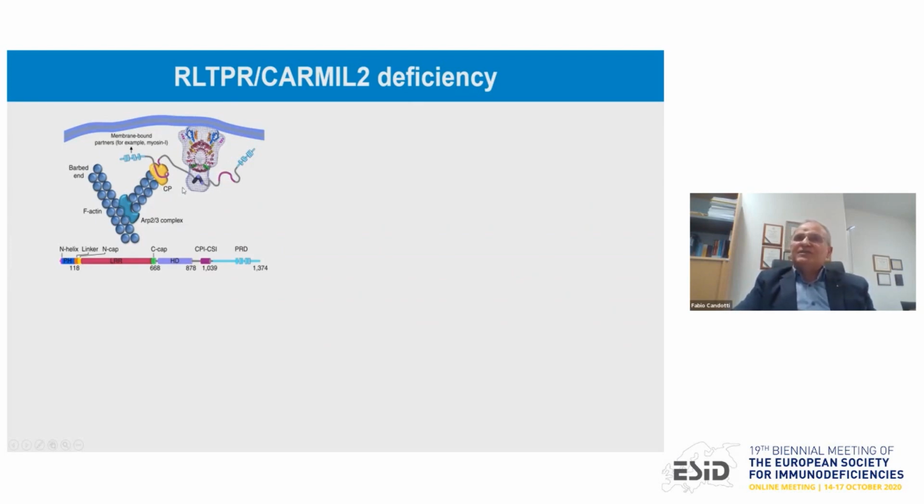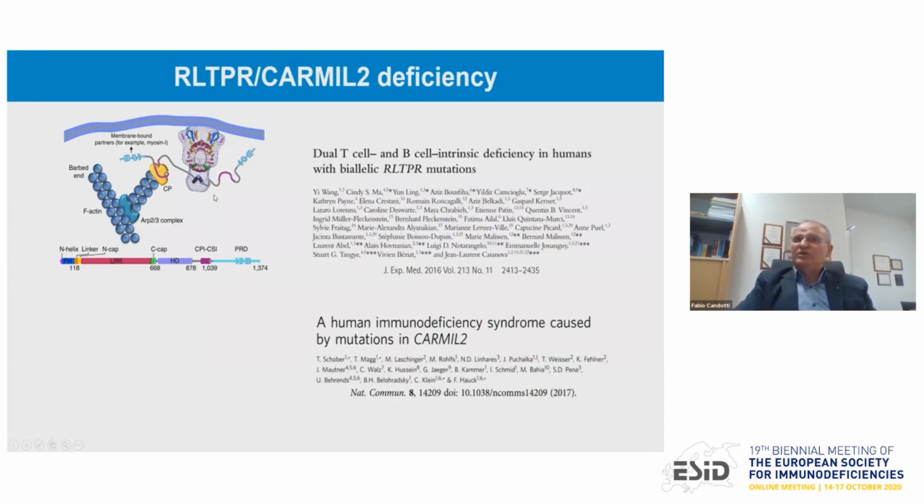The corollary of this is that mutations affecting the function of Carmil2 will reduce the ability of actin filaments to be produced. And this is what was demonstrated initially by two groups, by Jean-Laurent Casanova and by Fabian Oak.